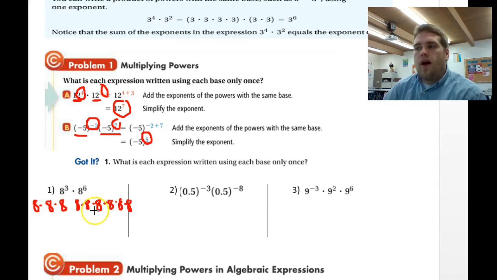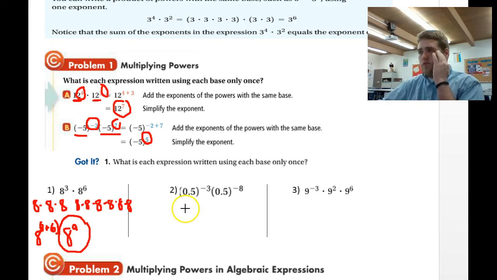So how many 8s do I have total? Well, 1, 2, 3, 4, 5, 6, 7, 8, 9. So that's 8 to the 9th. Okay. So 8 cubed times 8 to the 6th gives me 8 to the 9th. And no, I don't want you to plug that into your calculator. That's fine right there. Leave it like that.